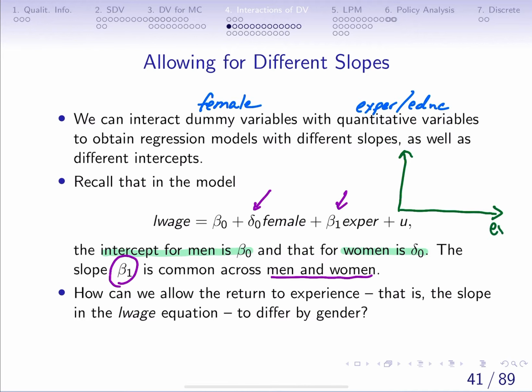So if we are thinking about a model where we're not distinguishing experience based on gender, we're basically thinking about something like this.